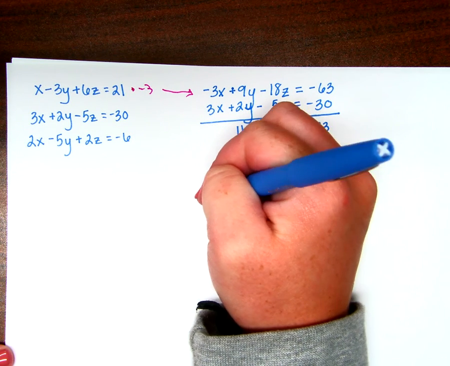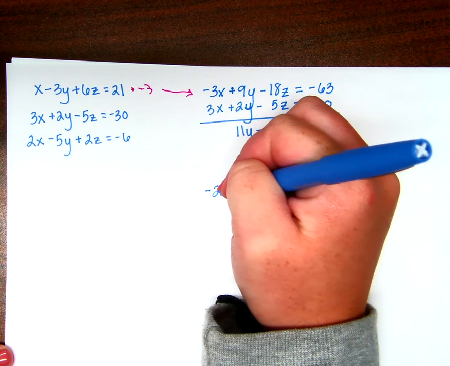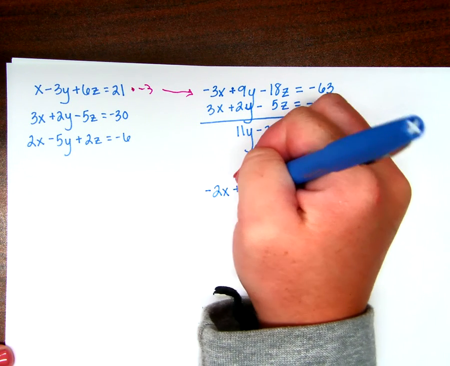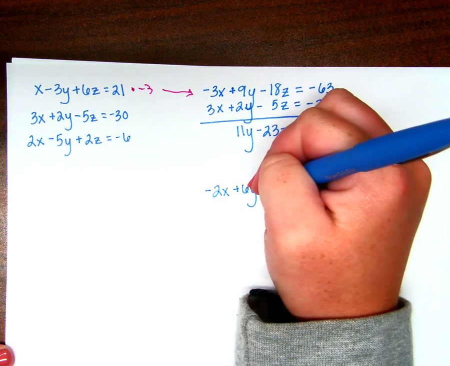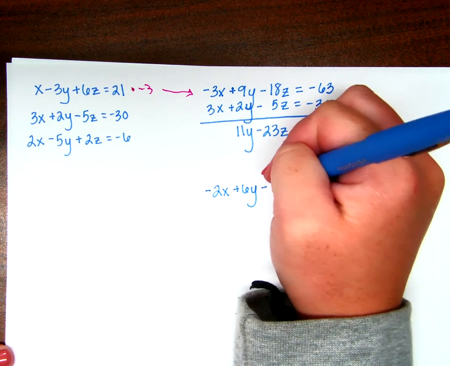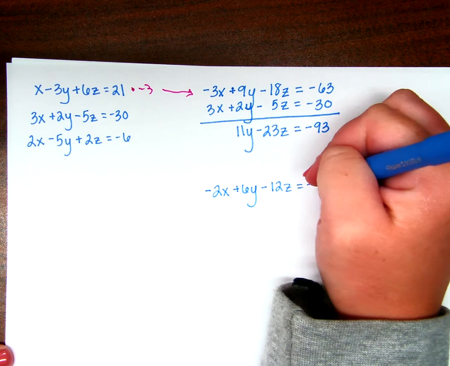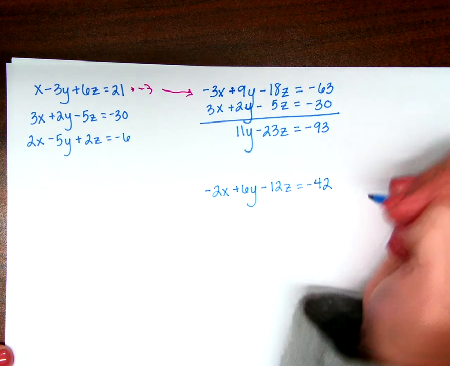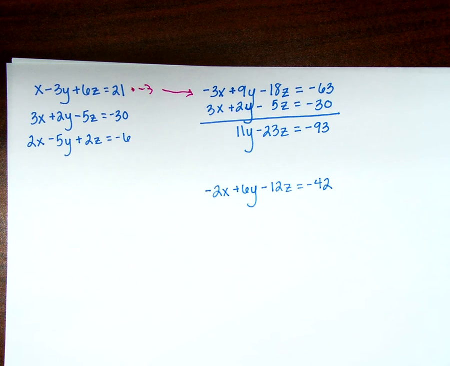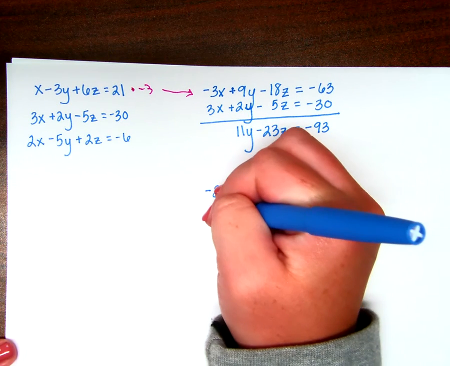So -2x plus 6y minus 12z equals -42. -2. Yep. And now let's rewrite the bottom equation right underneath it.